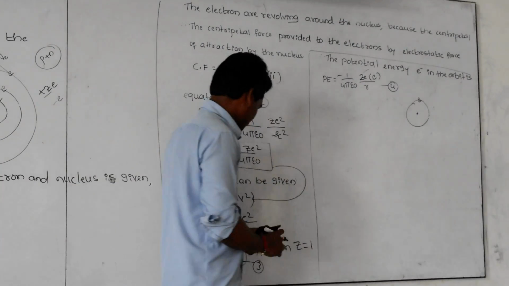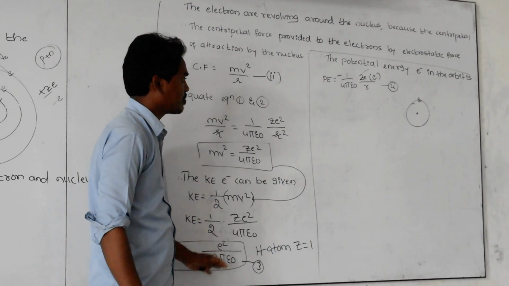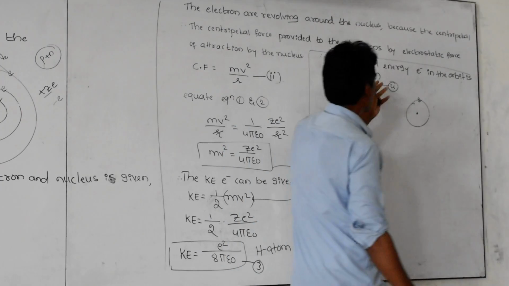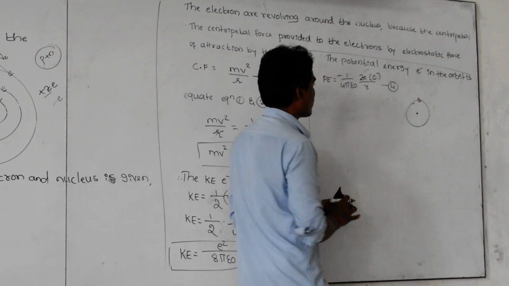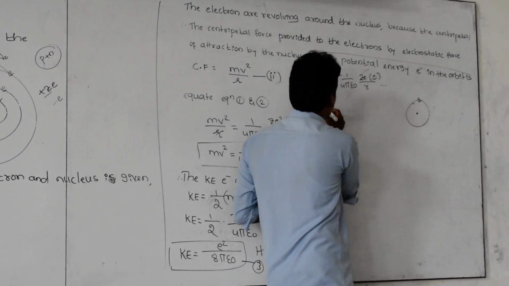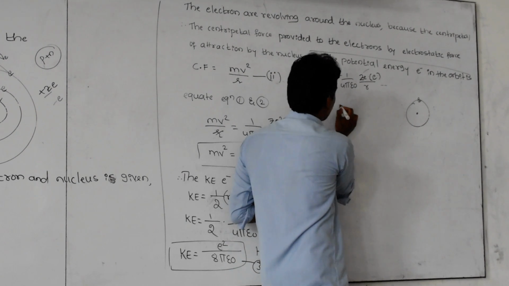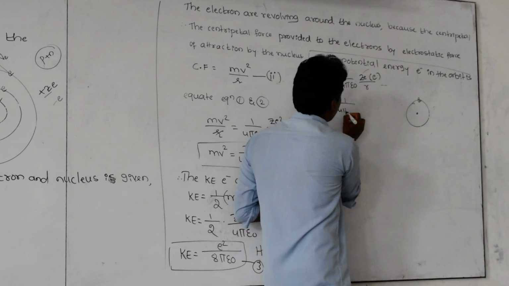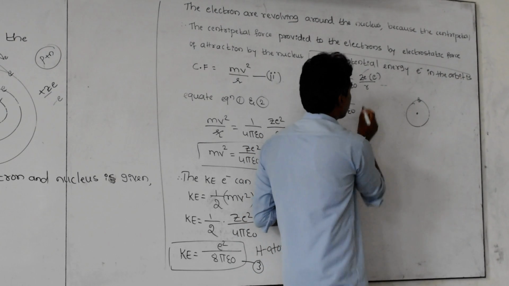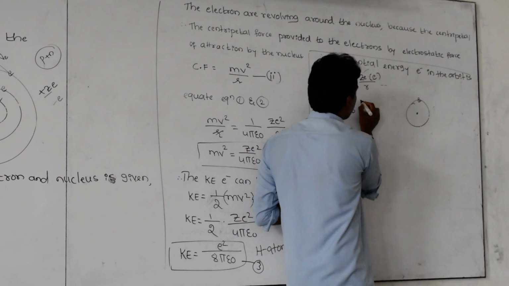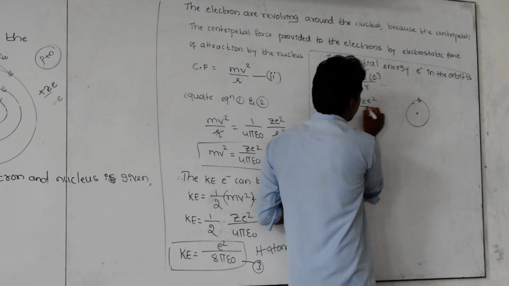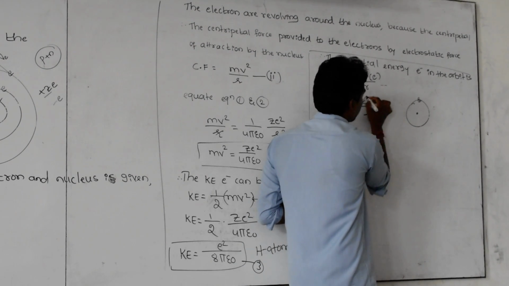Here the kinetic energy can be calculated by using this formula, and potential energy can be calculated by using this formula. And you can further simplify this also. Potential energy is equal to 1 by 4 pi epsilon naught, and next Z into E, that is Z into E square divided by R. For hydrogen atom Z is 1.